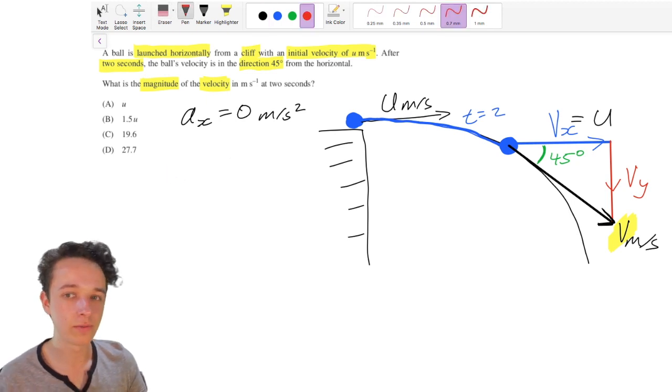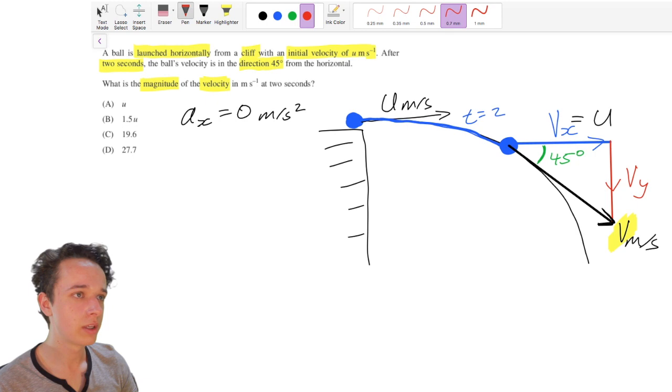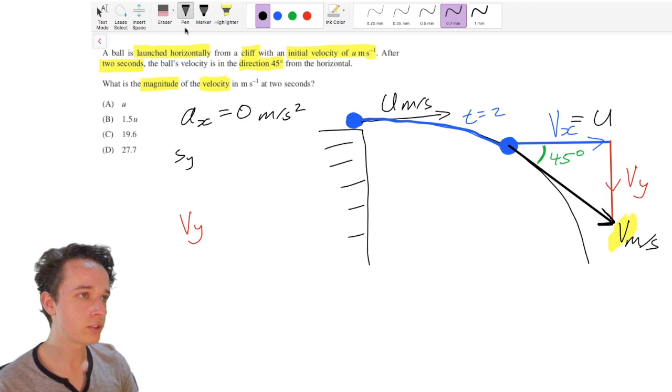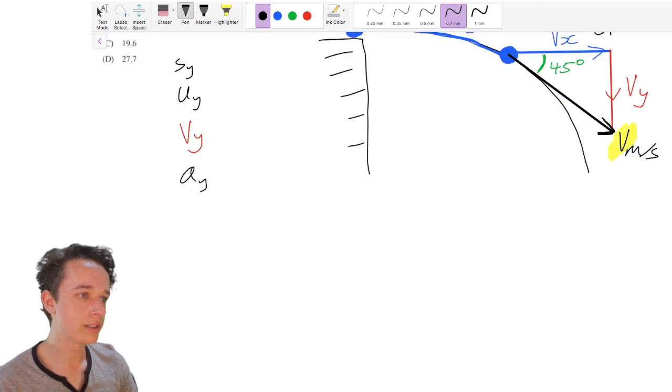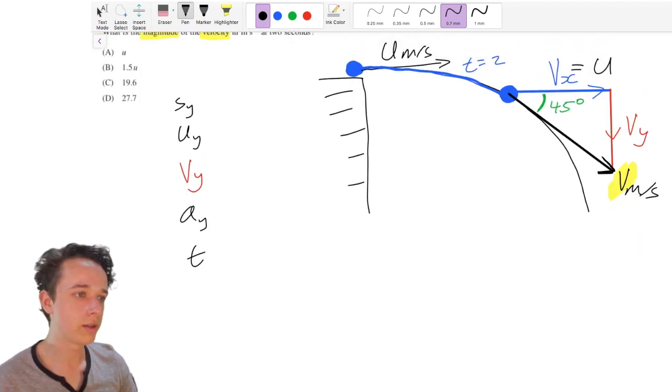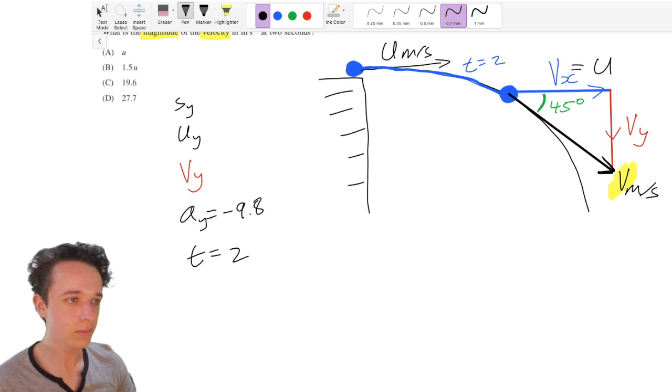So let's try to find Vy as well. For Vy, let's immerse this within a SUVAT equation: Sy, Uy, Vy, Ay, and t. We're considering the projectile at the point t equals 2. The acceleration in the y component is equal to negative 9.8 due to gravity.